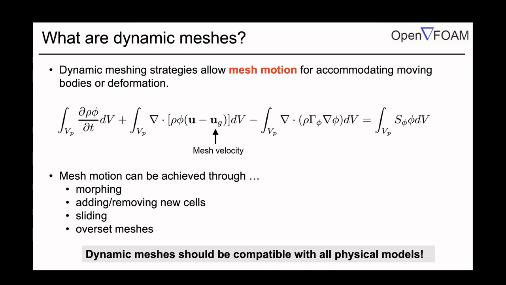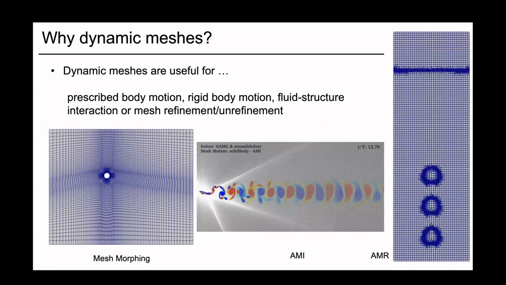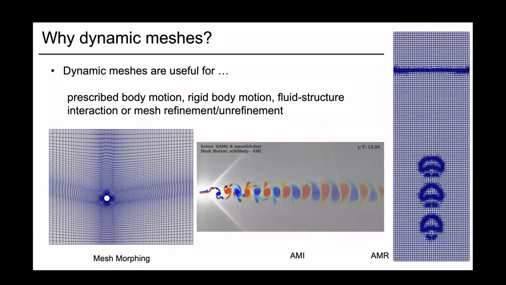And this mesh motion, how can we achieve it? As I told, we can deform the mesh, we can add or remove cells, we can slide the mesh, or we can use multiple disconnected meshes and use interpolations to transfer the field variables from one mesh to another, which is the methodology of overset meshes. Right? So why are dynamic meshes useful?